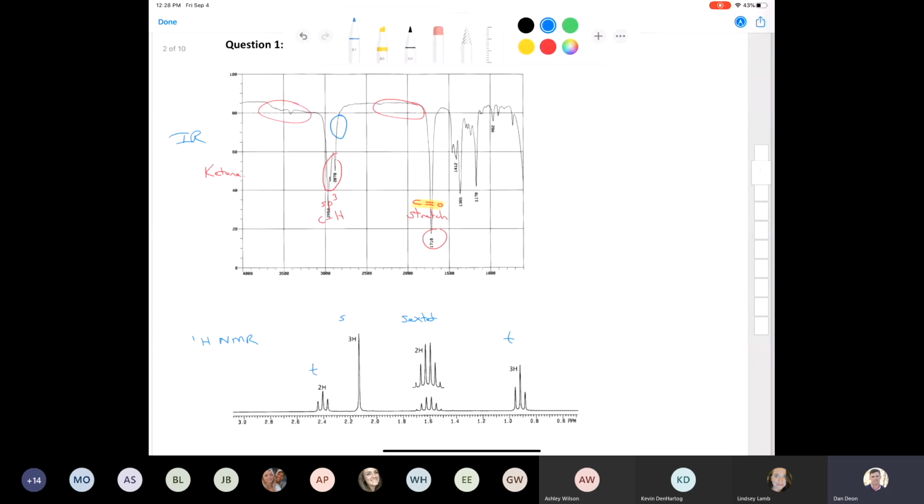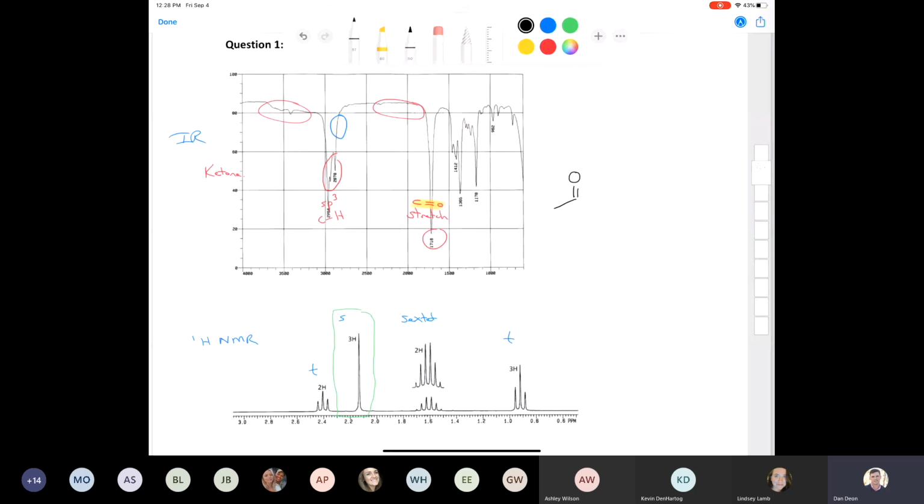we have a singlet that integrates for 3 protons, right? And it has a chemical shift of around 2.1, a little higher than 2.1. That tells me that we must have a methyl ketone, right? Because there's no way that I could get a singlet that integrates for 3 protons unless it was a methyl ketone. Also, what's the base chemical shift of a methyl group?